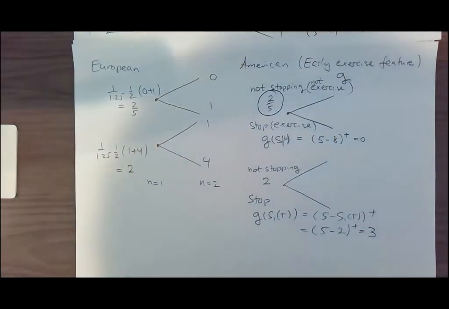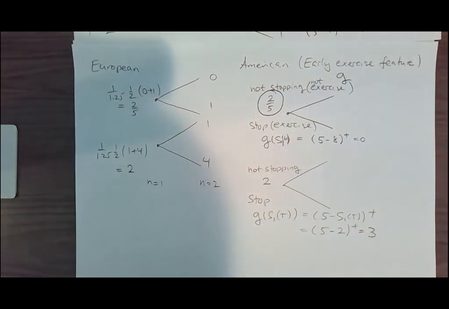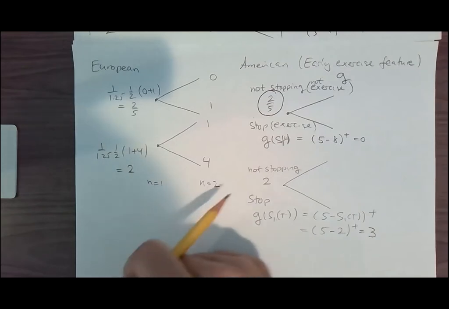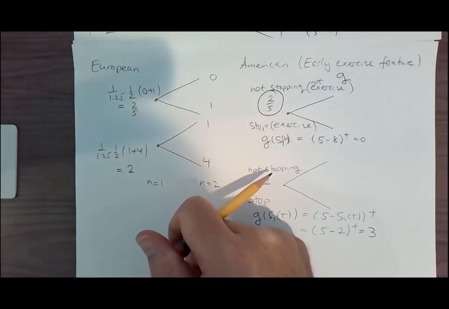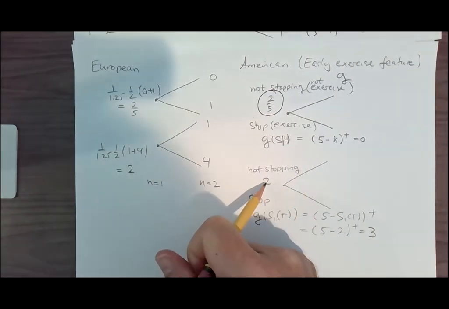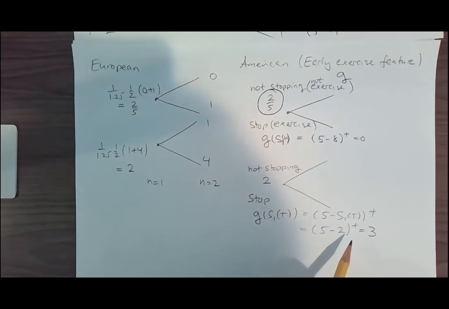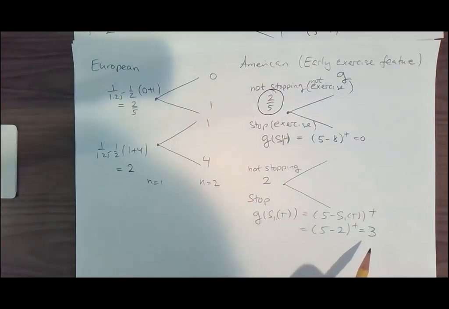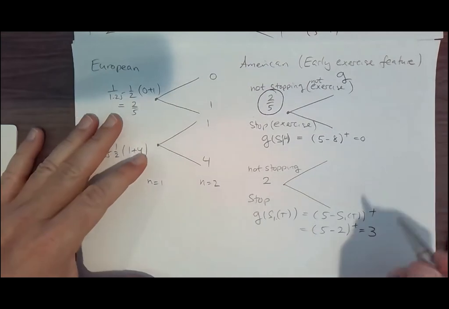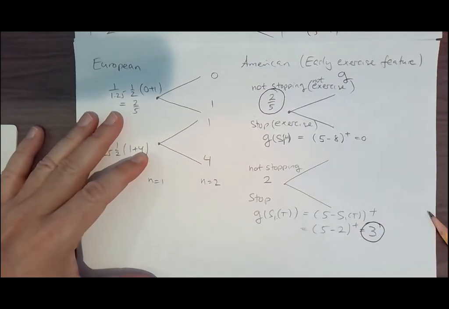So it begs the question, what should I do here? Well, if I don't stop, I continue, that has value 2. If I stop, it has value 3. So that's the difference. Instead of 2, it's worth 3.